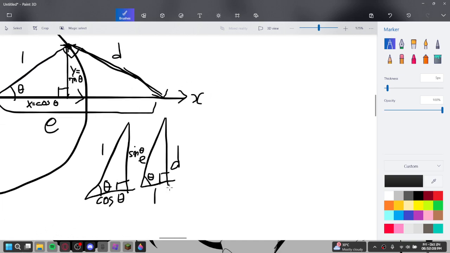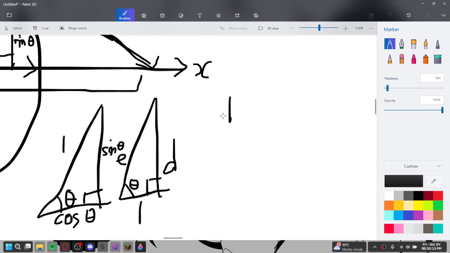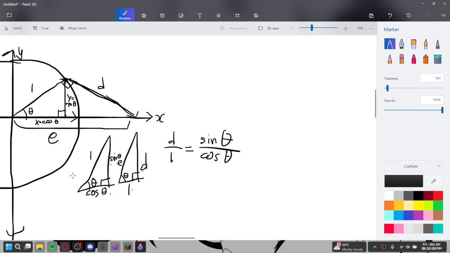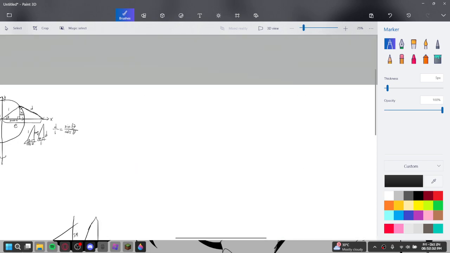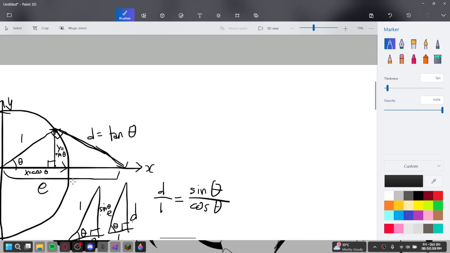Right. So from here we can use ratios and proportions. So this and this over this is equal to this over this. So D over 1 equals sine theta over cosine theta, which is a tangent of theta. So this is actually our tangent. This is our tangent distance right here.